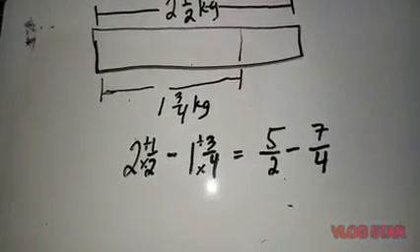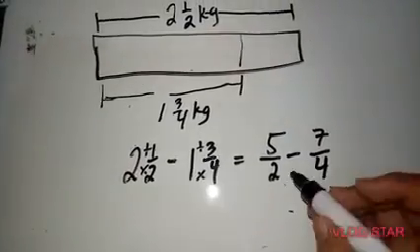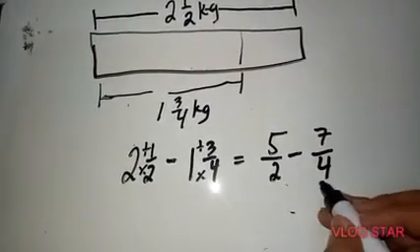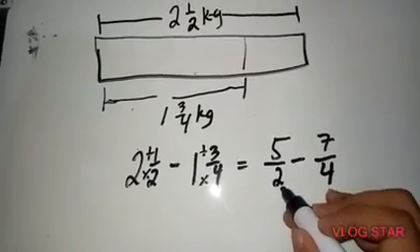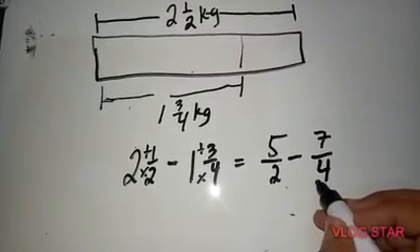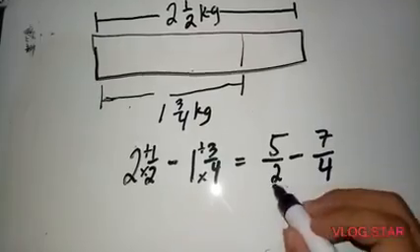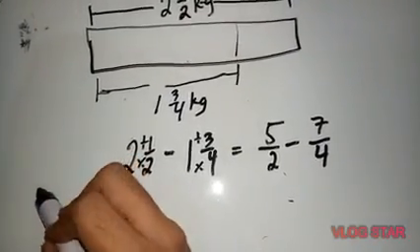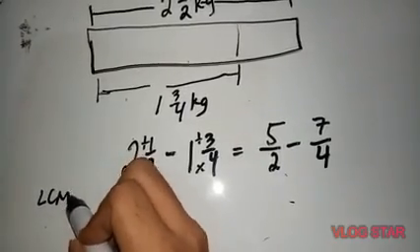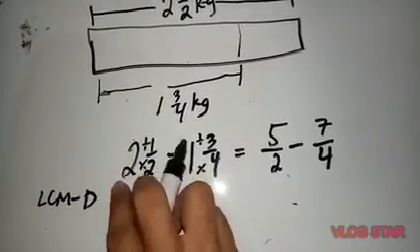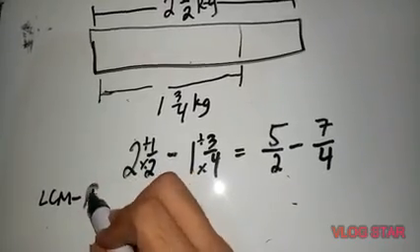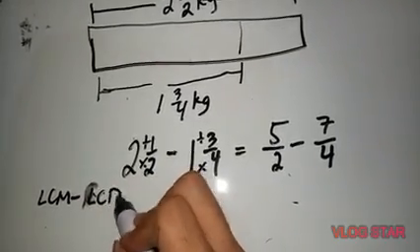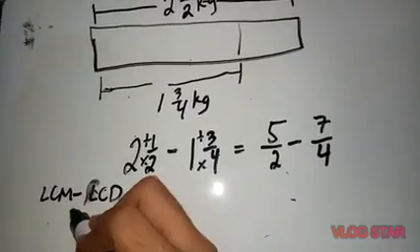The first thing that we're going to do is to find the least common multiple of the two denominators, the LCM, for us to get the LCD. So we have 2 and 4.